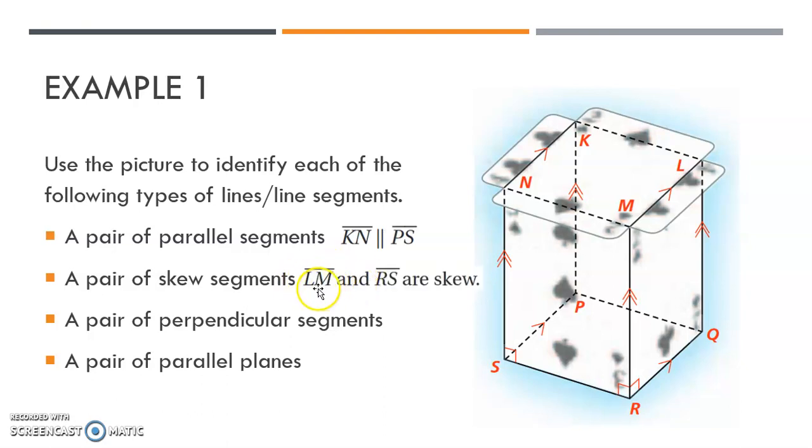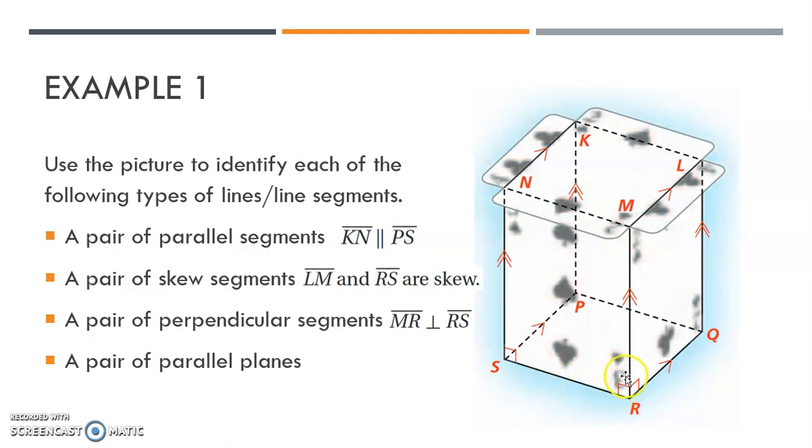We don't actually have a symbol for skew segments, but I do know that LM right here is going to be skew to RS down here, because they're never going to touch. LM is all the way up here going in this direction. RS is down here going in that direction. Next, for perpendicular segments, I picked MR right here with RS over here.